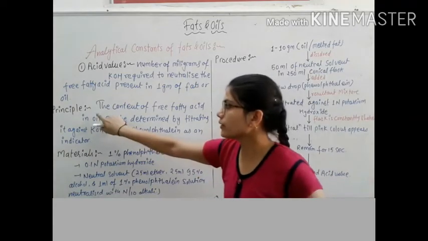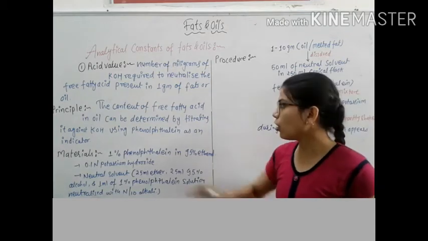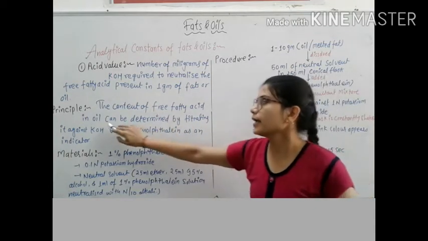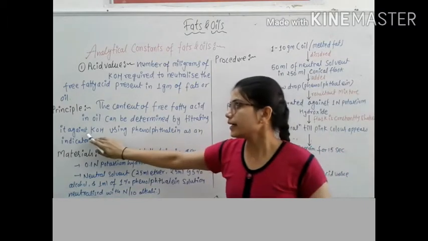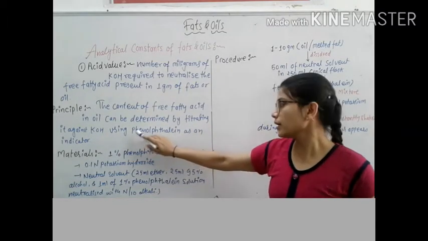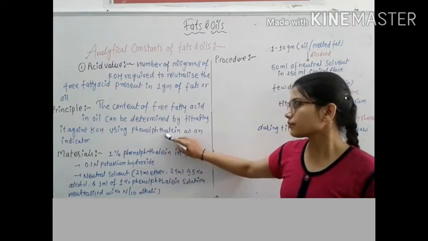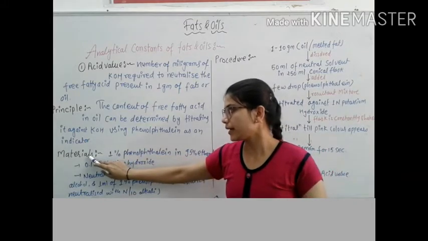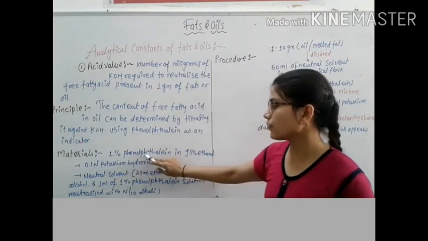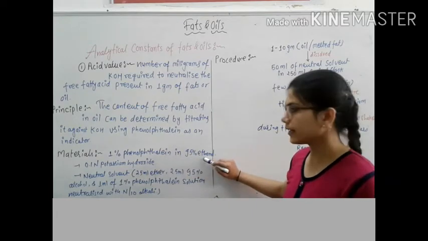Now let us discuss the principle of acid value. The content of free fatty acid in oil can be determined by titrating it against KOH using phenolphthalein as an indicator. Now the materials: first, 1% phenolphthalein in 95% ethanol.